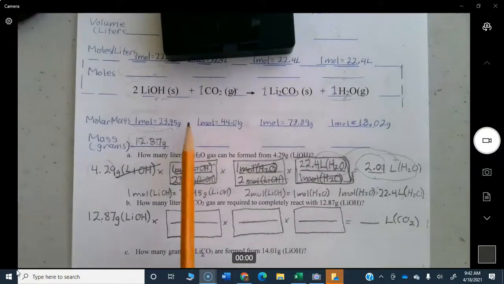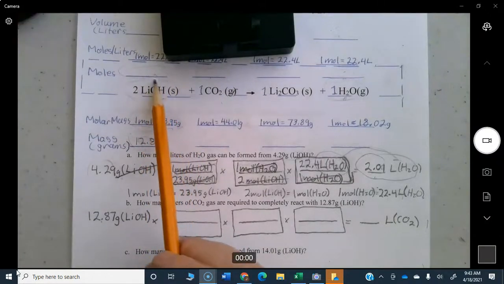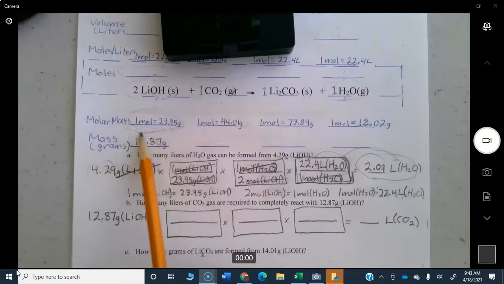Your first conversion is going to be to get into the dashed line box, into the equation, and you're going to use the molar mass of LiOH.